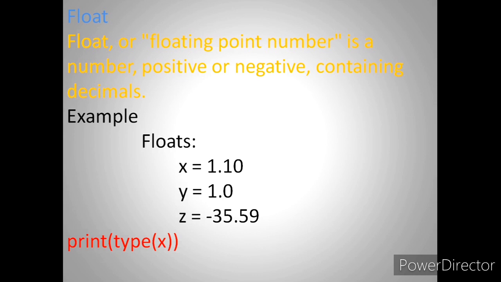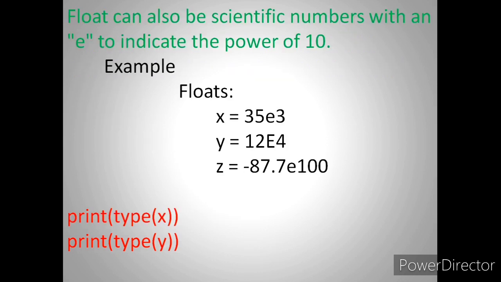So already we all have come across this. I hope it is becoming easy for you all. Next, a float can also be given with the help of the exponent form e, as already discussed in the last class. So if the x value is 35e3, then that also means it is a float data type, or if you are saying 12e4, then also it is a float type.